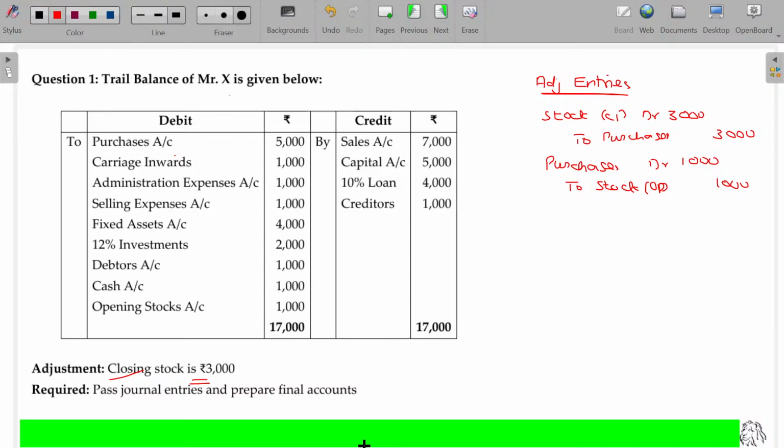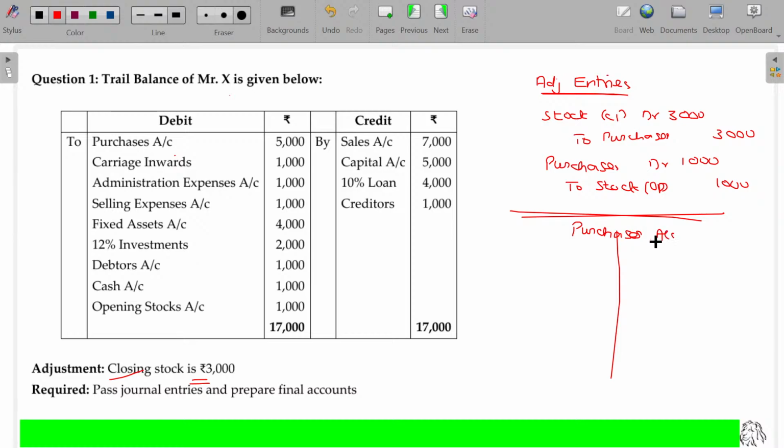Now I asked you to prepare the trial balance after these two adjustments. How will the trial balance appear? Let's see. I may open the purchases account and stock account.